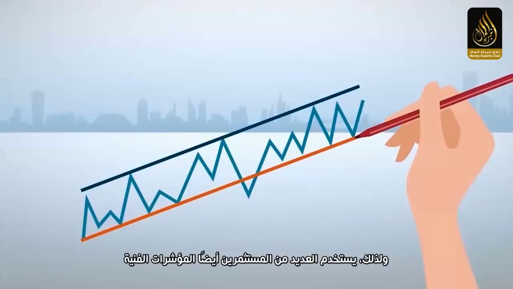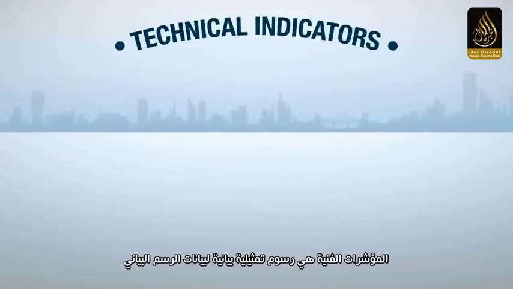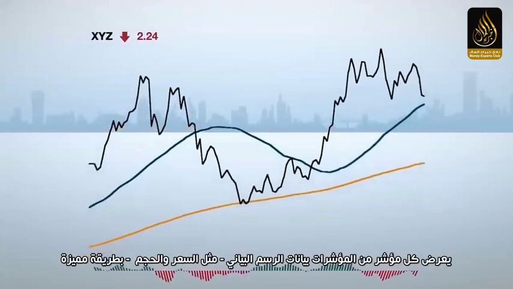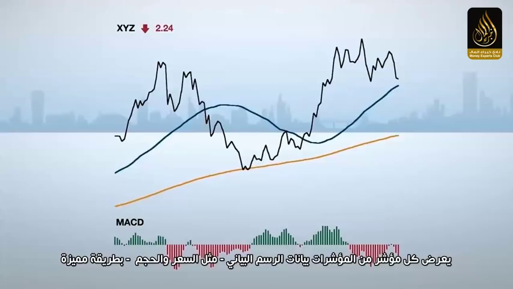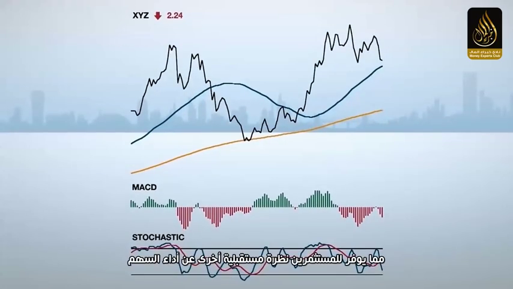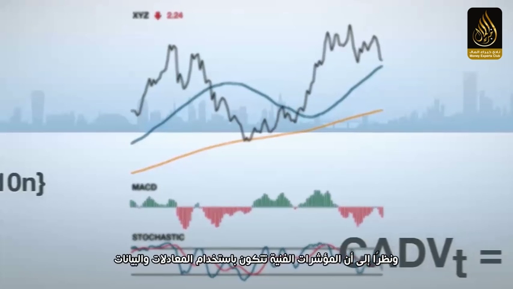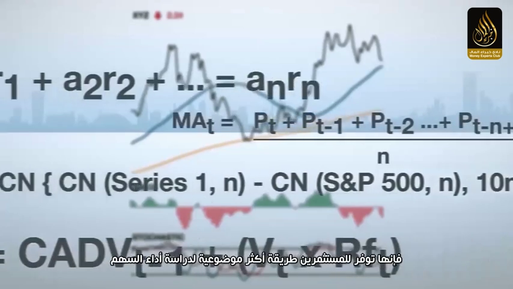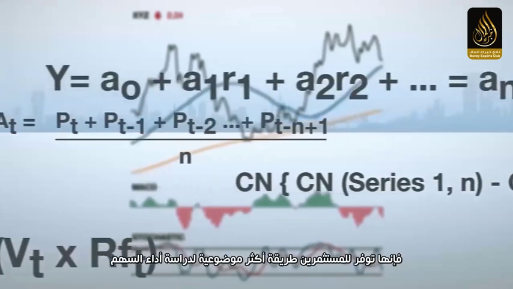Because of this, many investors also use technical indicators. Technical indicators are graphical representations of chart data. Each indicator displays chart data, like price and volume, in a unique way, giving investors another perspective of the stock's performance. Because technical indicators are created using formulas and data, they give investors a more objective way to examine a stock's performance.